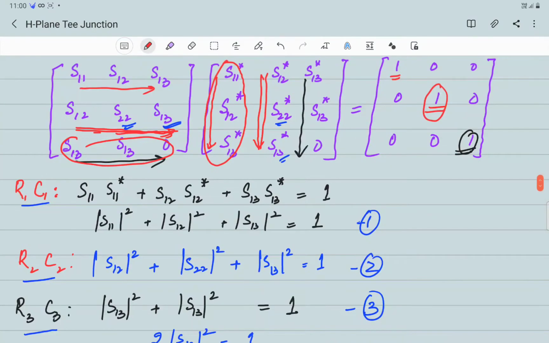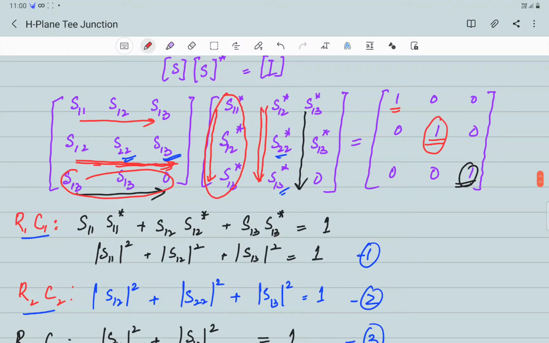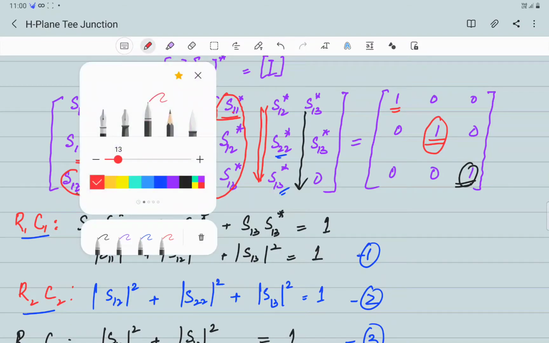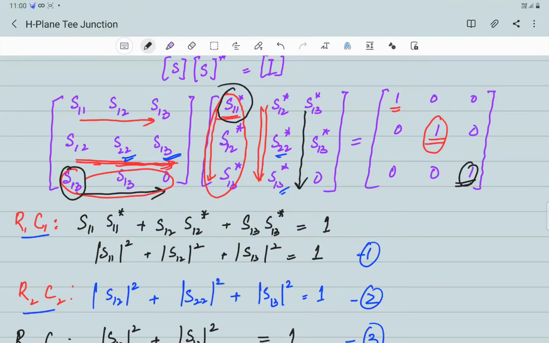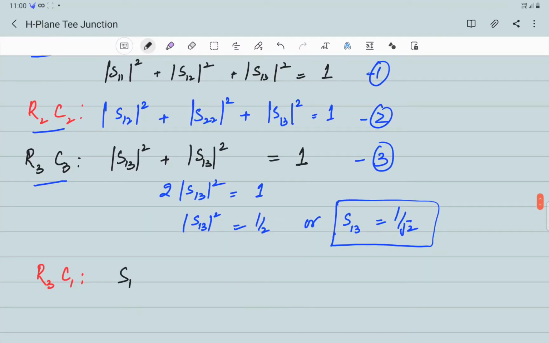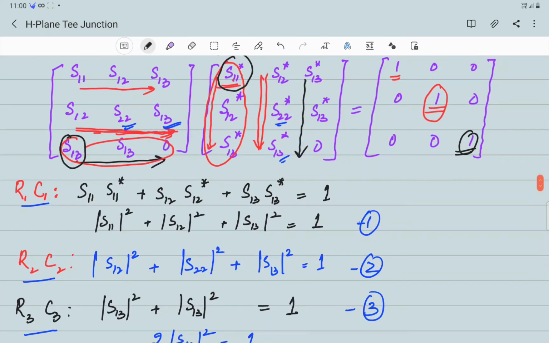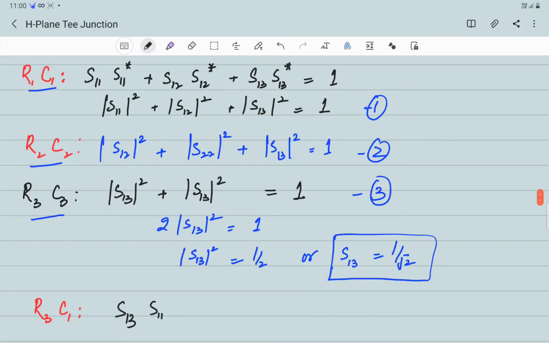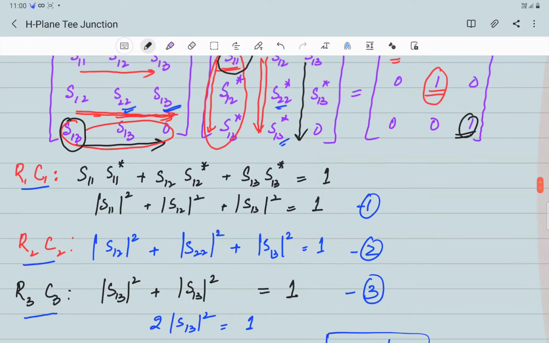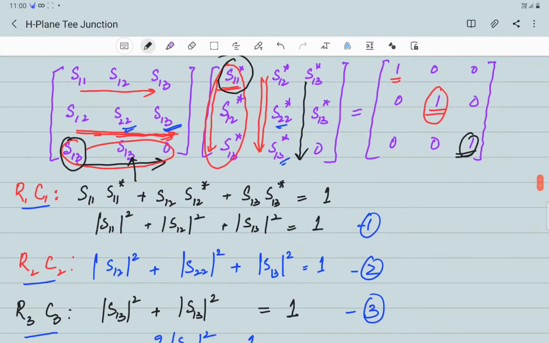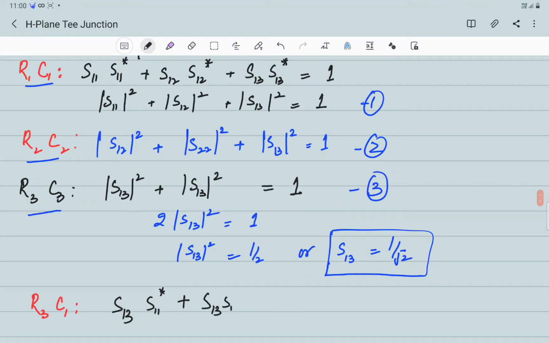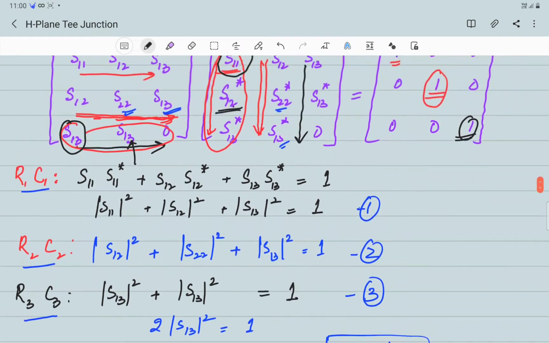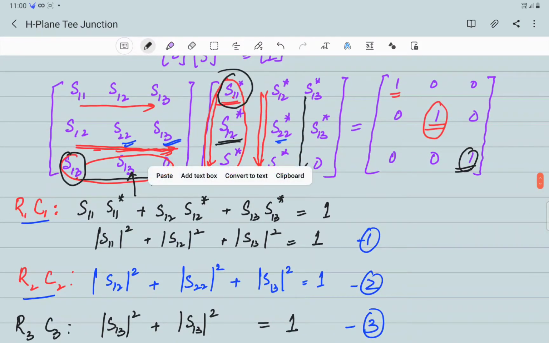So I'm multiplying row 3, this S13, S11. I'll use a different pen, I'll use black color. So if I multiply row 3 with column 1, S13 S11 star plus S13 S12 star plus 0 into S13 star, so that would be 0.